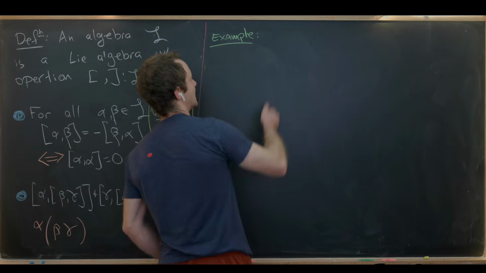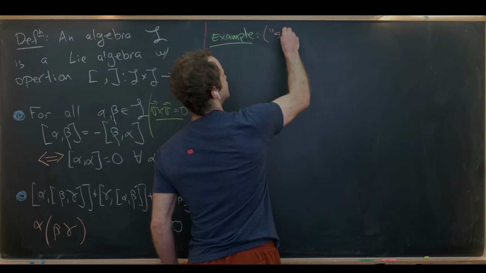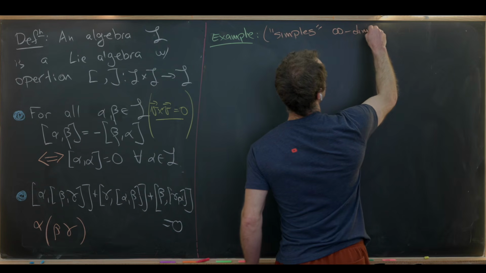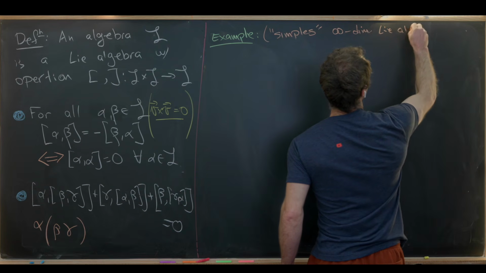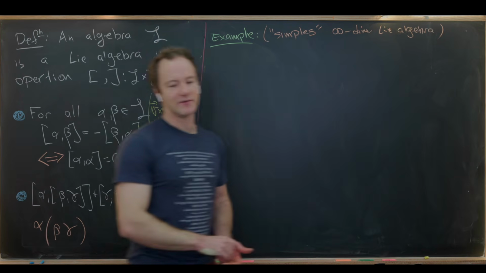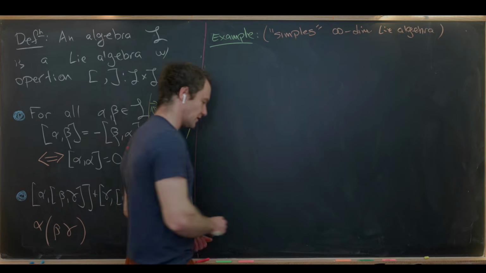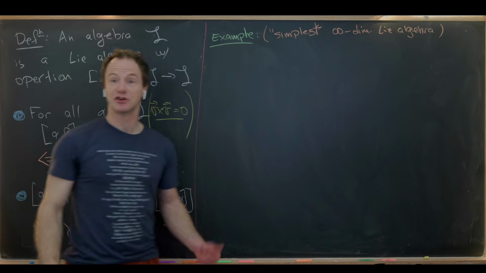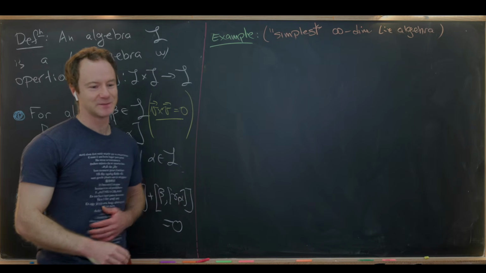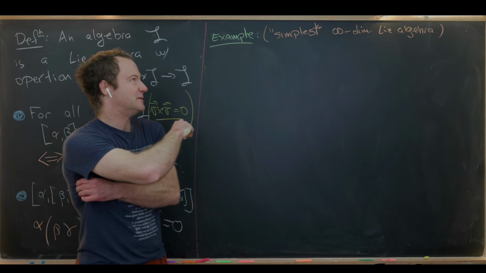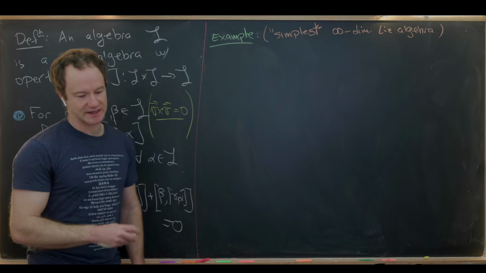So maybe let's title this the simplest infinite dimensional Lie algebra. Obviously there's probably a simpler one, which would be just the trivial one where the bracket is always 0, but that's not super interesting. So this would be maybe the simplest one where the bracket isn't always 0.